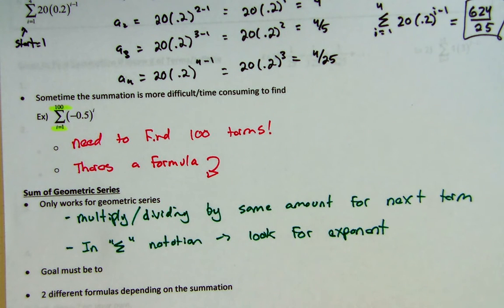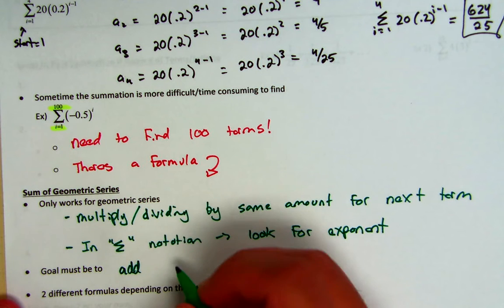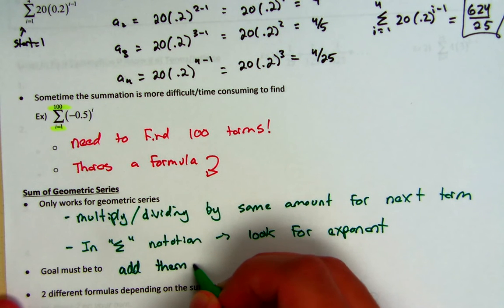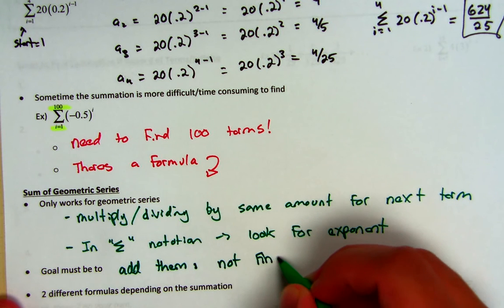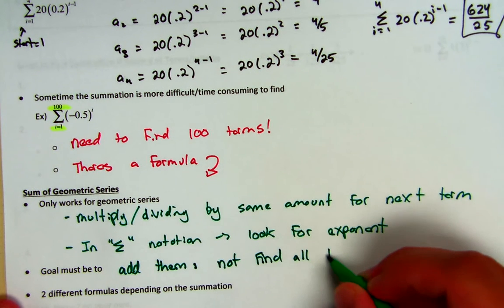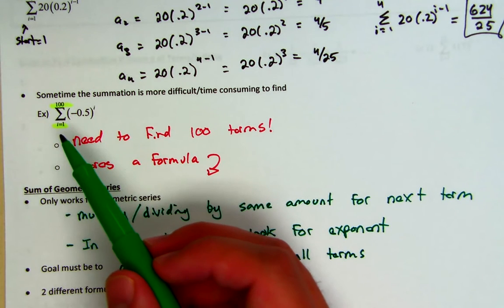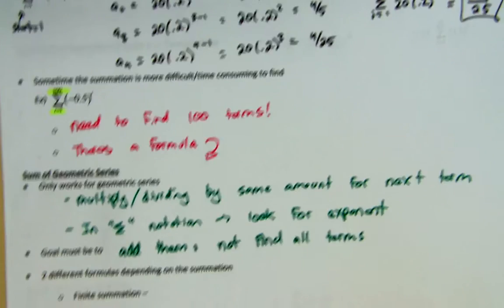Alright, so our goal is to add all the terms together. We don't want to find all the terms. So, like this example here, we're not going to want to find all the terms 1 through 100. We just want to add them together. So, there's two types, again, like I said.